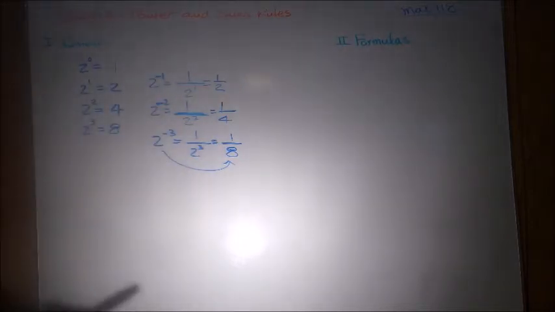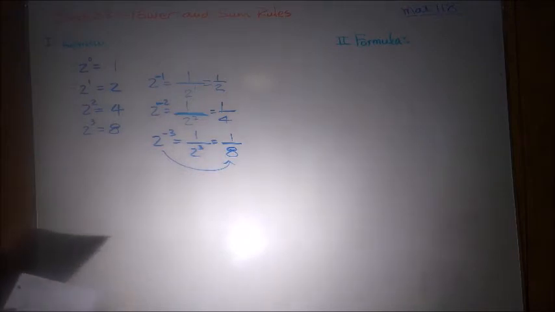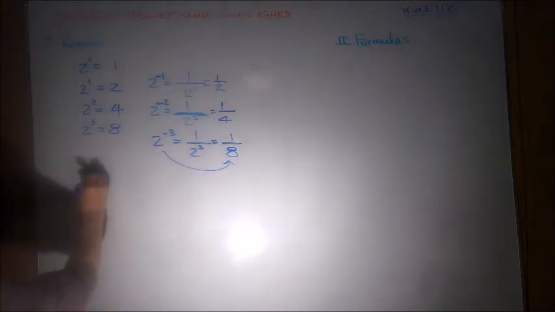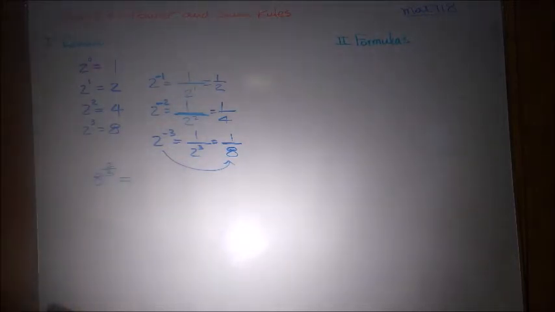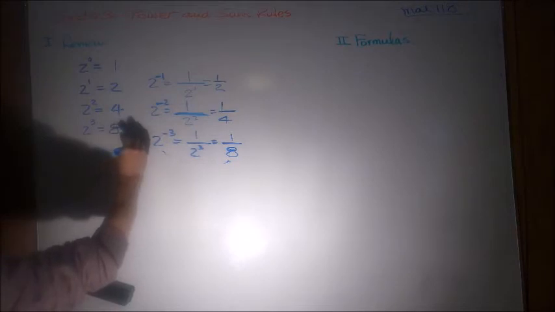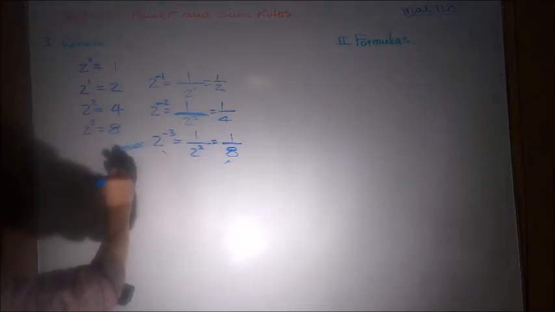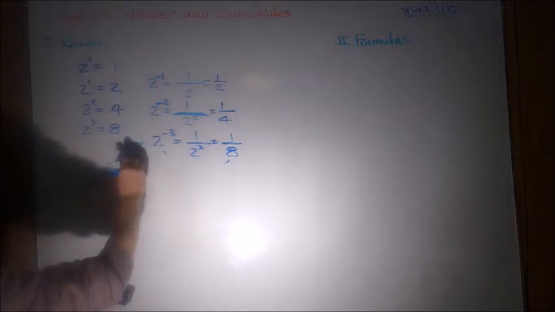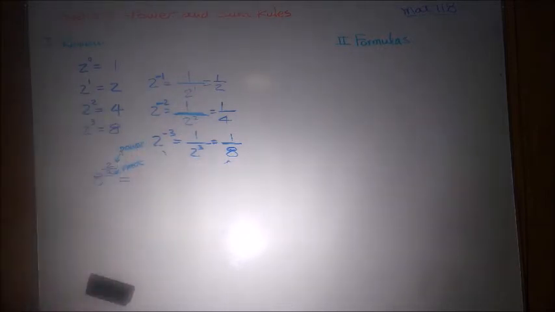What happens if the power is a fraction? Then we say a to the 2/3 power. What does that mean? Okay, then we say that 2/3 doesn't mean 2/3. Those are symbols. The top one means what? A power. The bottom one means what? A root, right?